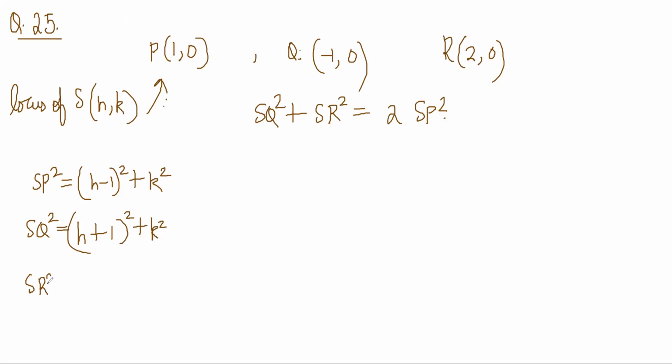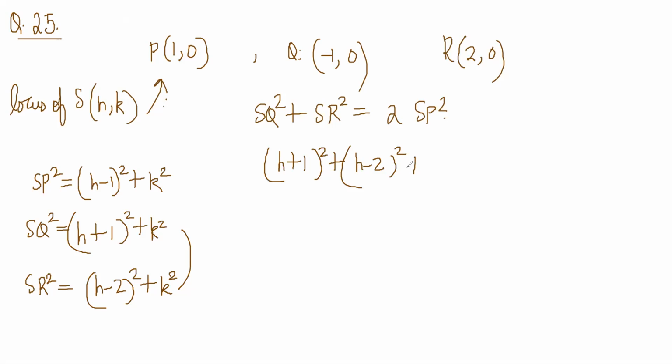And SR square is H minus 2 whole square plus K square. SQ plus SR, if you do, it is H plus 1 whole square plus H minus 2 whole square plus 2K square is equal to 2SP square, right?